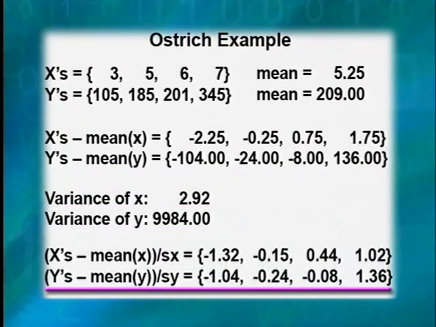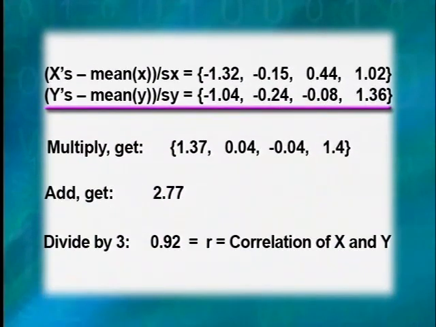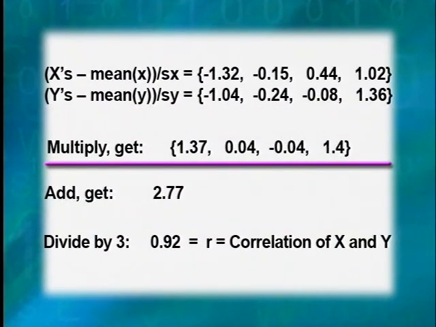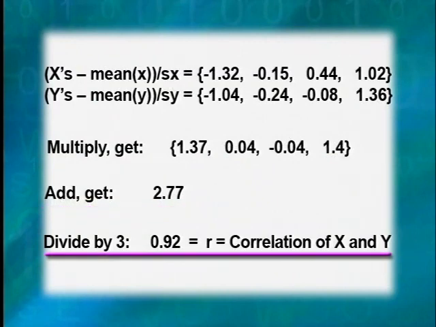These are the z-scores for each one. And when we take the z-scores, we multiply them together, we add them together, and we divide by n minus 1. Remember, we're dividing by n minus 1. We have a total of 4 farms, so we divide by 3, and we get 0.92.